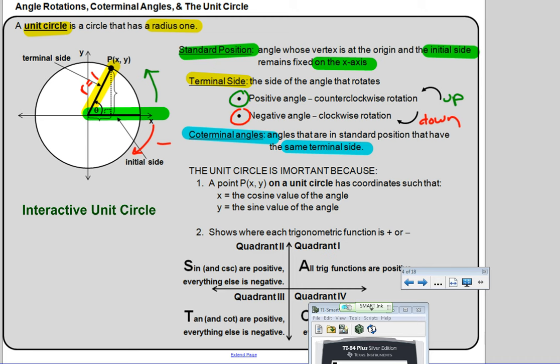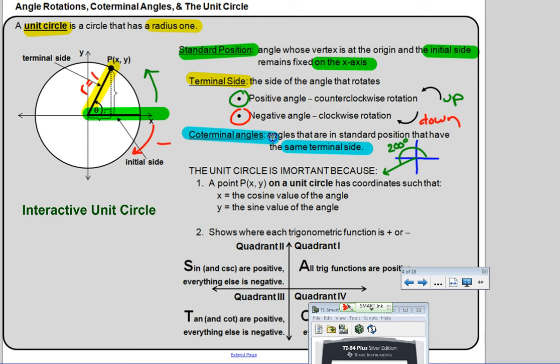So, for example, because you can't see me, I'll just do this. If I rotate 200 degrees this way, what other angles will also land there? Well, think about it.